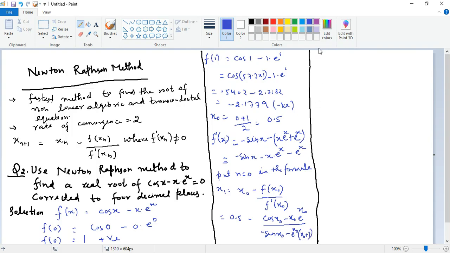So we can write here 0.5 minus cos 0.5 minus 0.5 e to the power 0.5 over minus sine 0.5 minus e to the power 0.5 plus 1.